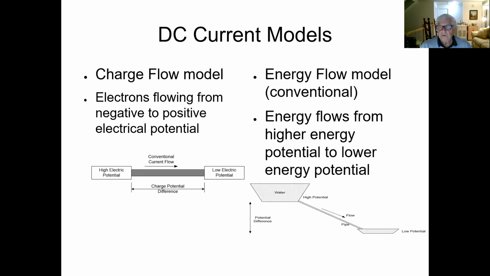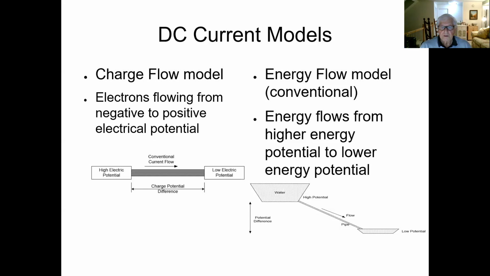everybody uses the conventional model because electricity, like I mentioned, is energy flow, okay? And the energy flow model, which is the conventional model, tells us that energy flows from a higher energy potential to a lower potential.